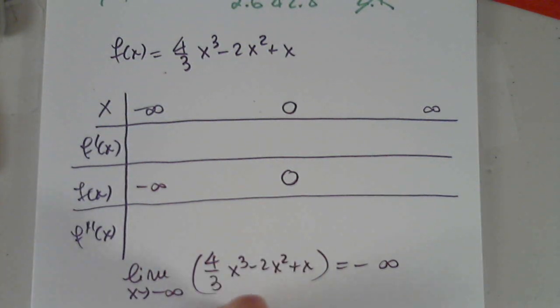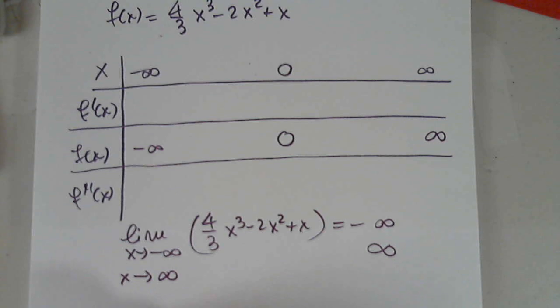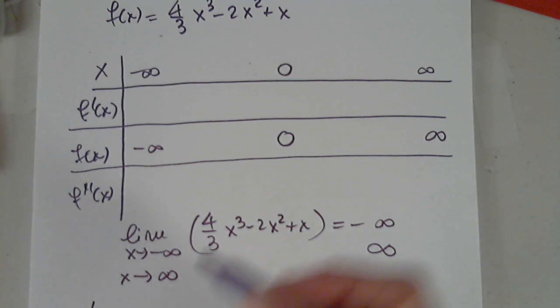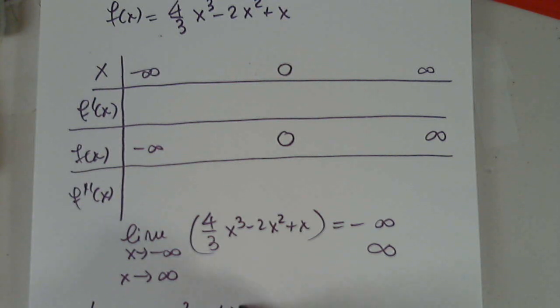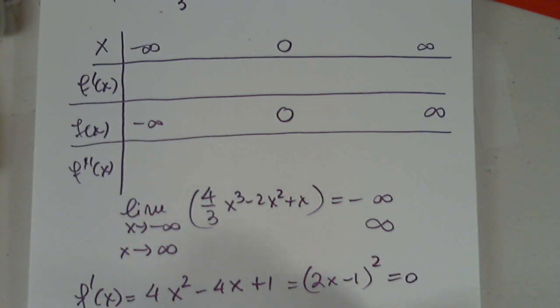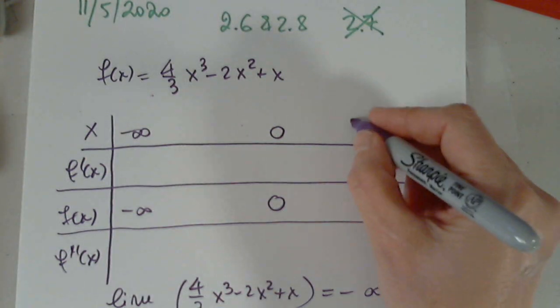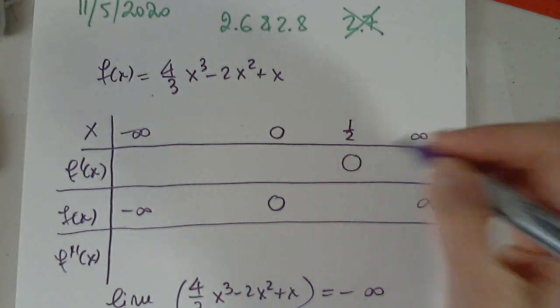And the same for x approaches infinity, the answer will be infinity. At this point, I will determine the first derivative. I bring down 3, so that's 4x squared minus 4x plus 1. It turns out that this is nicely factorable. When I set it equal to 0, I get x equals 1/2, and 1/2 is the only critical number.